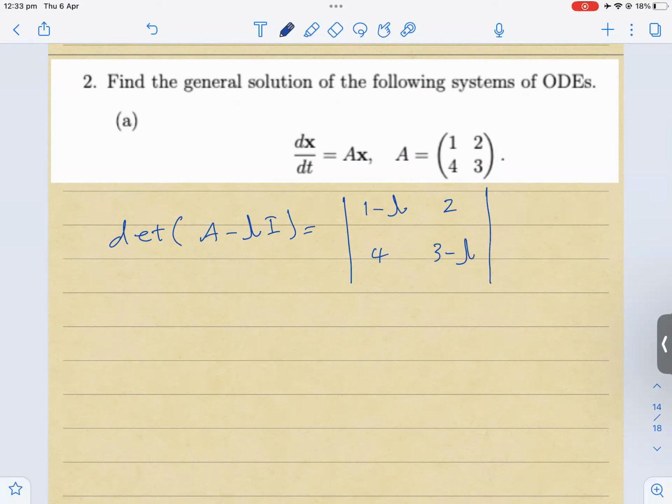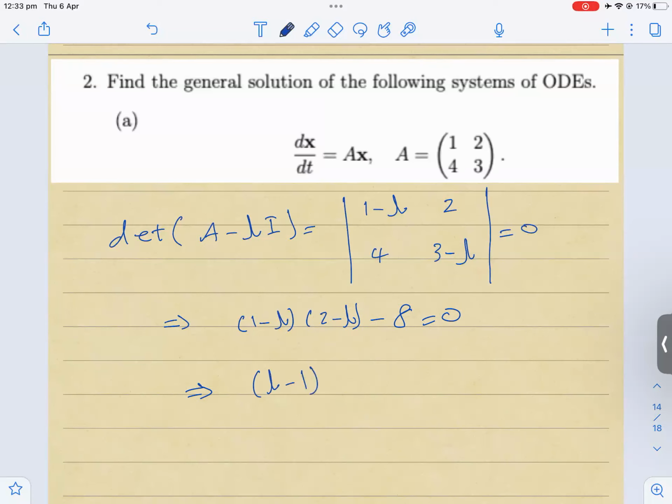This determinant gives me the characteristic equation that you saw last Monday, the characteristic equation of a matrix, equals 0. So from here, 1 minus lambda times 2 minus lambda, minus 8 equals 0.